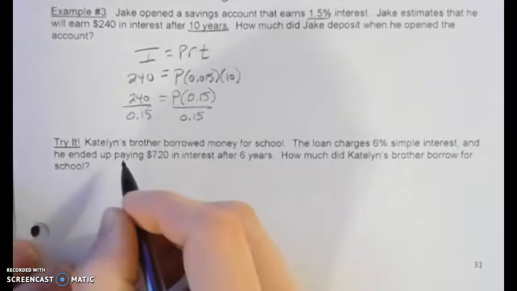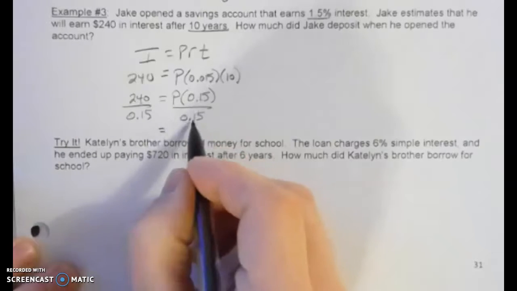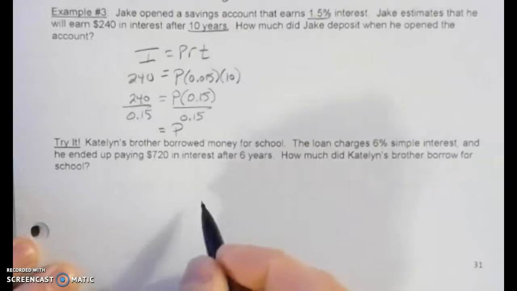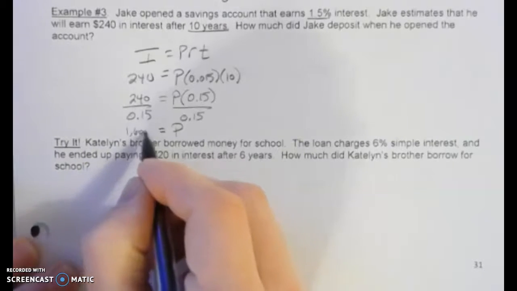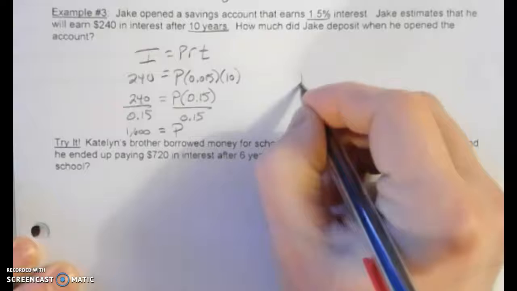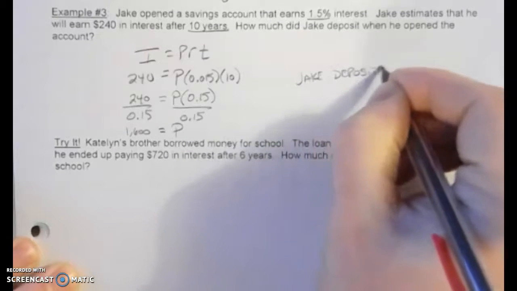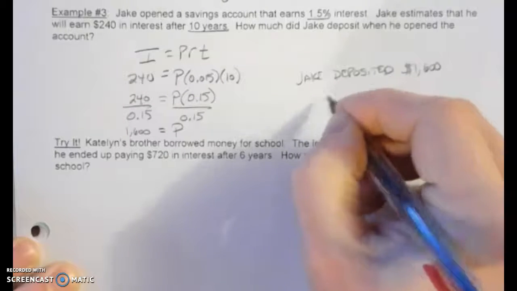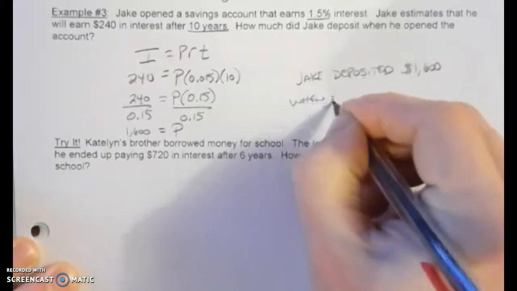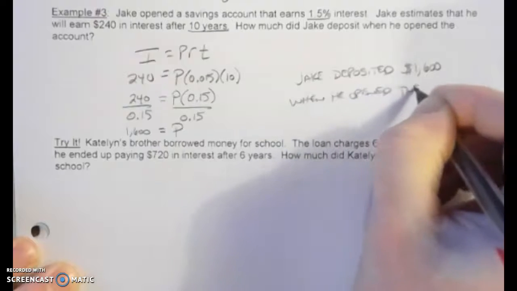And so when we do that, on the right, P times 15 hundredths divided by 15 hundredths is P. 240 divided by 15 hundredths is 1,600. So this means that Jake deposited $1,600 when he opened the account.